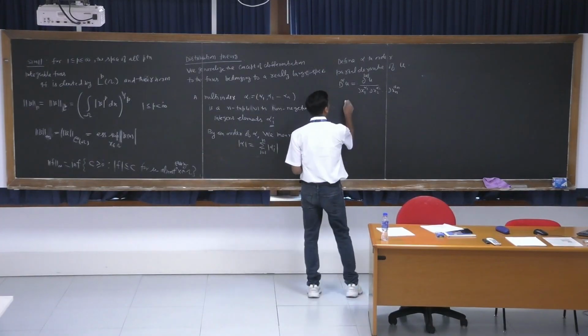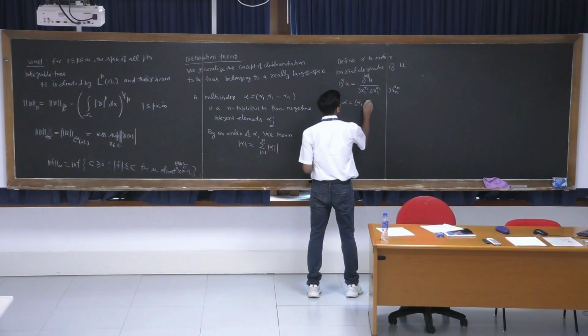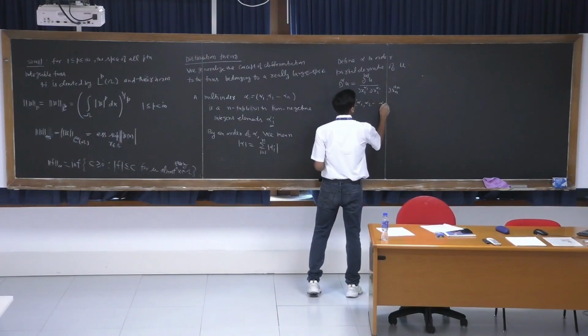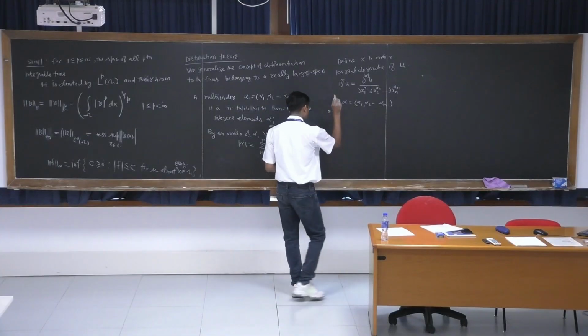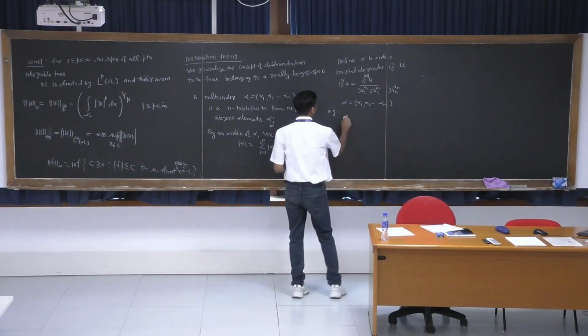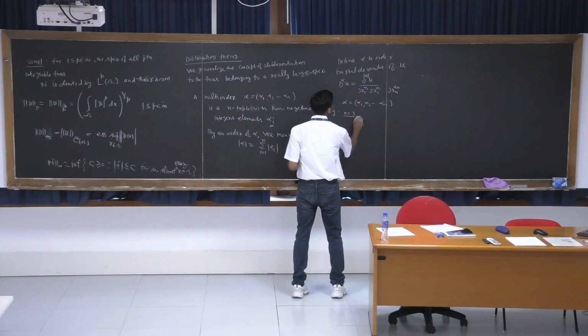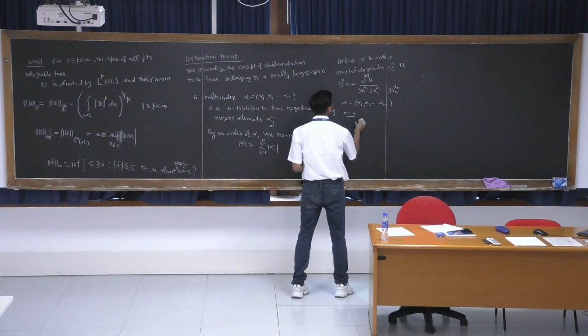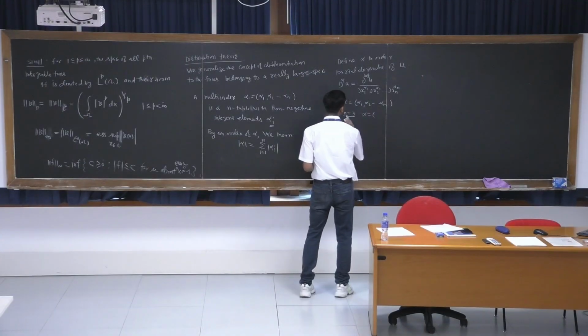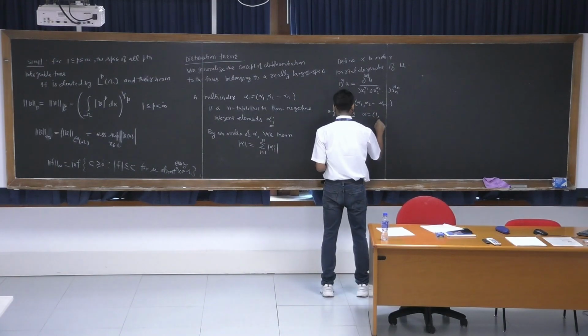Here alpha is alpha 1, alpha 2, alpha n. For example, suppose n is equal to 3, a 3-dimensional partial derivative, and alpha is 1, 2 and 3.